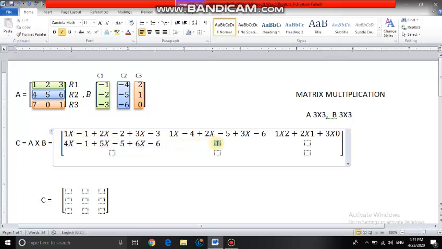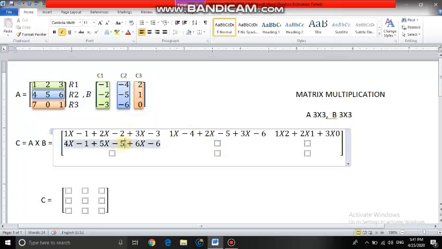So this is C22, second row, second column. So the second row of the A matrix, that is the blue color box, and the blue color column in the B matrix, both will be multiplied. Okay, let's see how you multiply. Oh sorry, here I made a mistake.